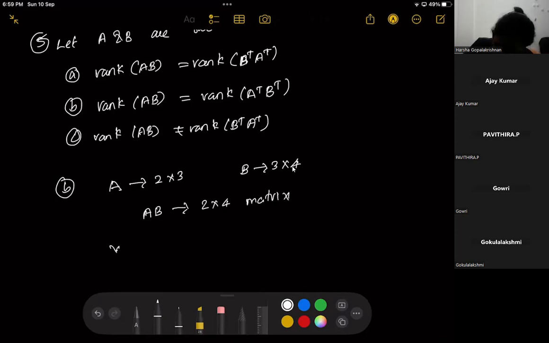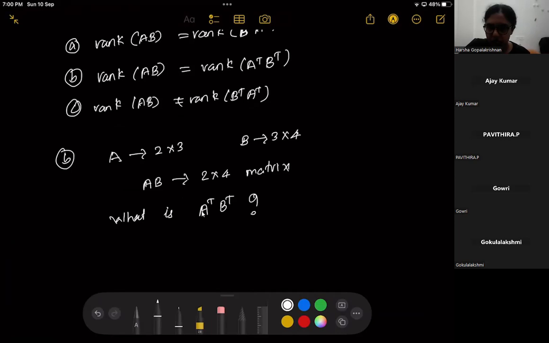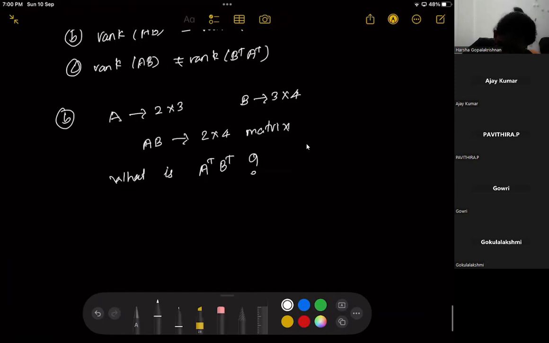Now, what is B transpose A transpose? So, here in the second option, they are coming with, sorry, not B transpose A transpose, A transpose B transpose. Here, A is a 2 by 3 matrix and B is a 3 by 4 matrix. So, A transpose is a 3 by 2 matrix and B transpose is a 4 by 3 matrix.